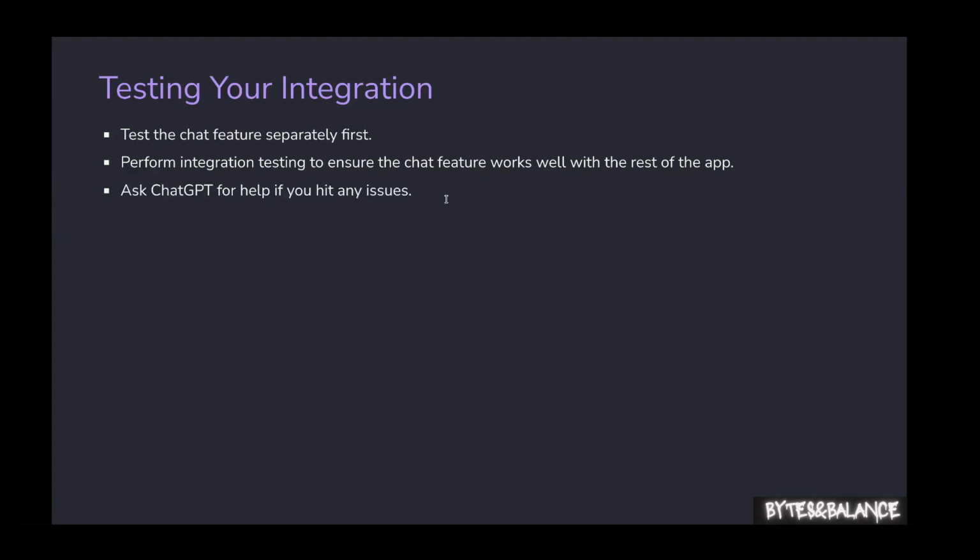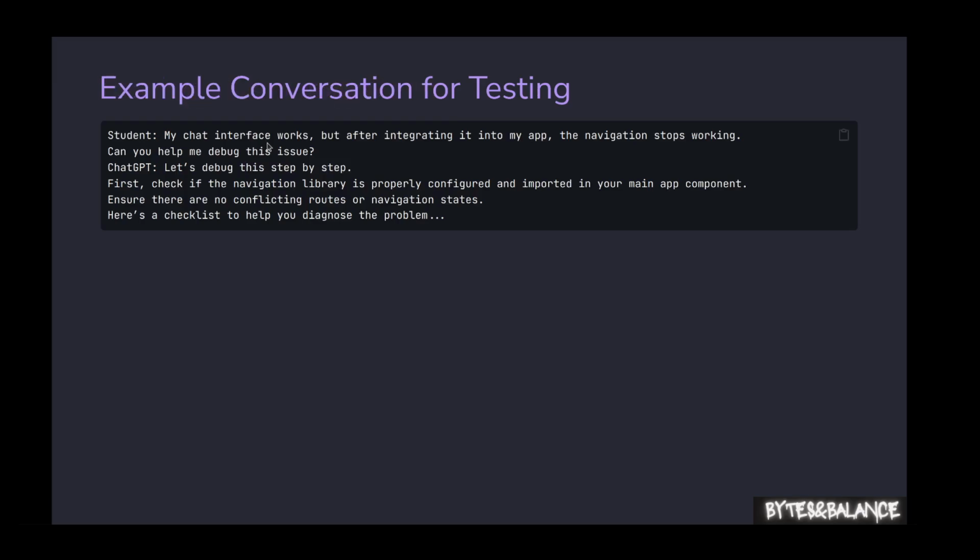As I said, it's important to test. It's crucial. And when you do your testing, make sure that you do it in an isolated way. First, test the chat feature, then test the integration. If you run into any integration issues, you can have this conversation with ChatGPT saying, actually, my chat interface works, but after integrating it into my application, we've got this problem, and then just get some advice.